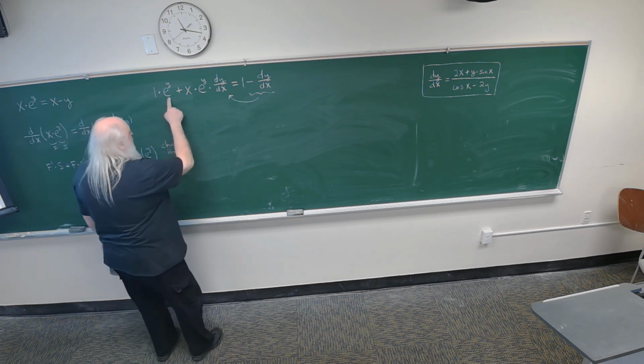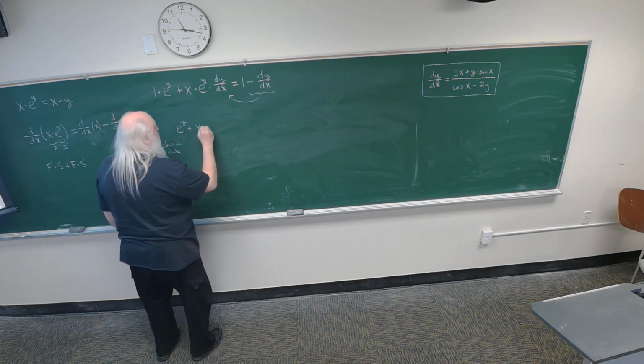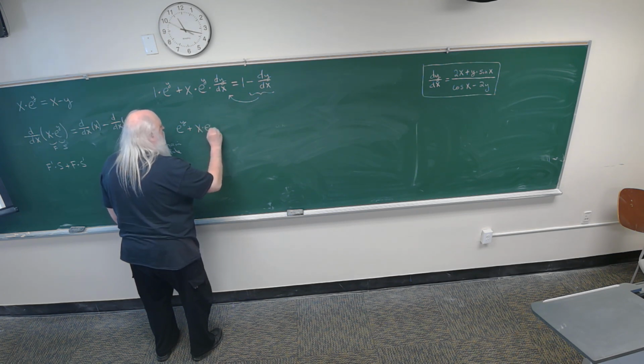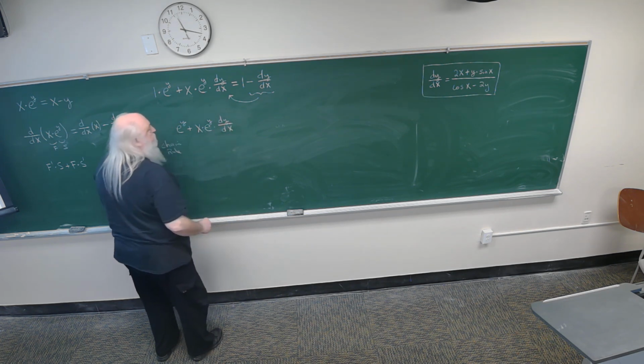And so we have 1 times e to the y, which is e to the y. Then we have x times e to the y times the derivative of y with respect to x.